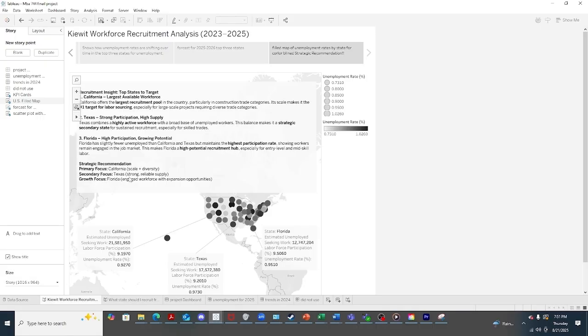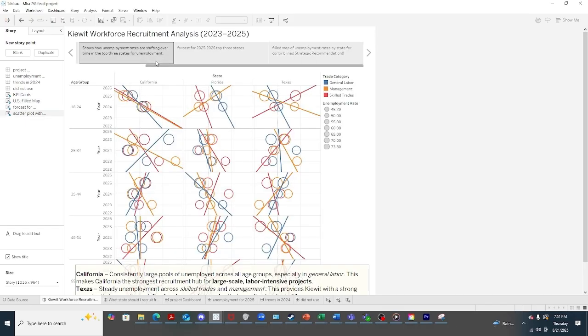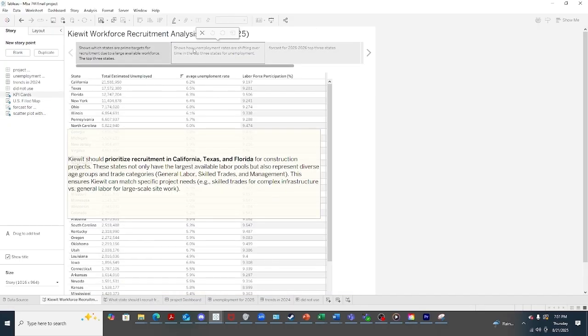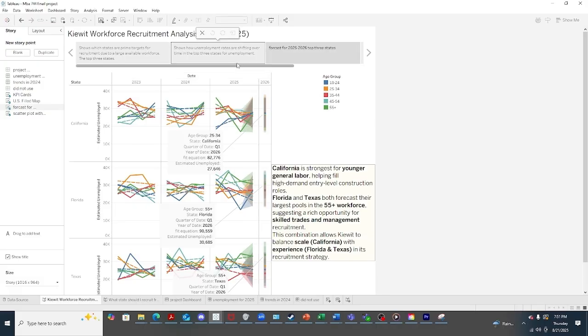And so I kind of broke it down even more to go over it, and I've also done callouts where you can see the actual numbers for these. The reason why I chose to do this in this way is so that when I present this to Kiewit, I can say these are the ones that I would recommend. These are the 3 states, and this is why.